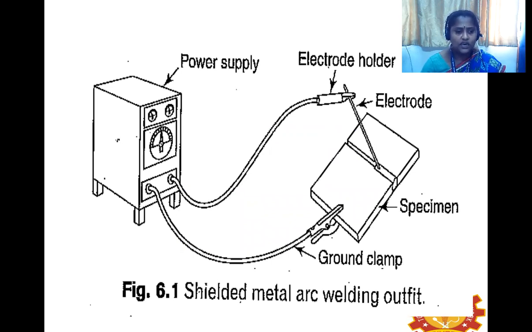You could see a machine used for power supply, which provides power so that maximum temperature of heat arrives and the electrode melts and is formed. Later on, when it comes back to room temperature, it will be formed as regular steel together, and there is an electrode holder, specimen, and also a clamp.